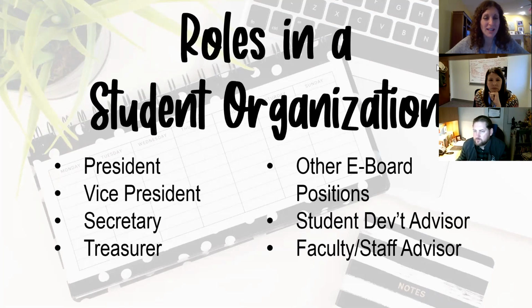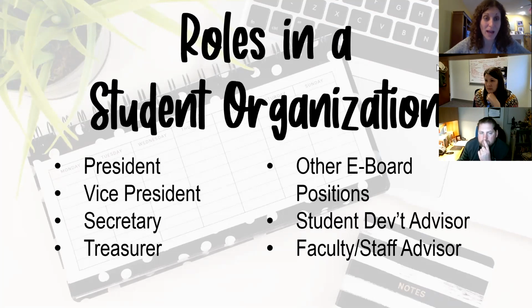Every organization can interpret some of these things a little bit differently. Secretary is also sometimes in charge of doing the marketing for the organization, especially if you don't have a separate PR or marketing chair. And then the treasurer is in charge of basically all things financial related.